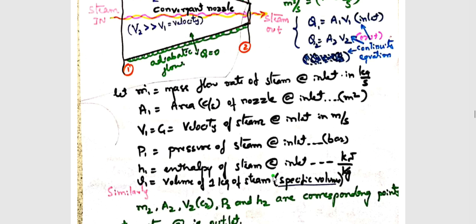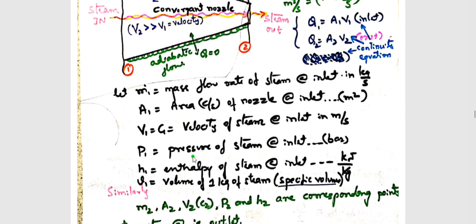The specific volume will be represented with V1. So to avoid confusion between this V and this V, we have taken velocity as C1.